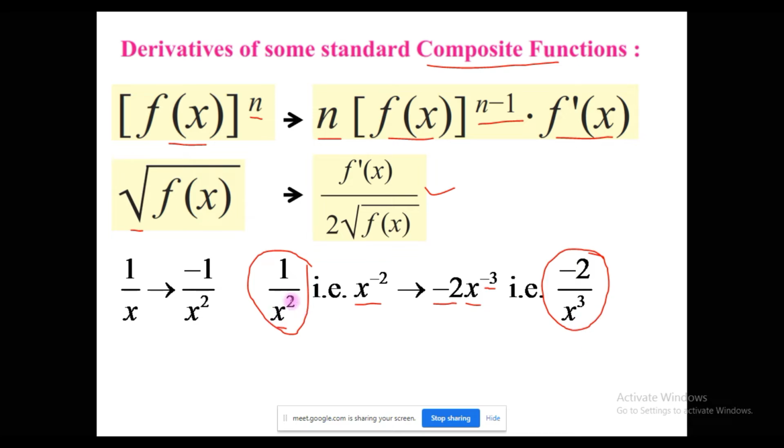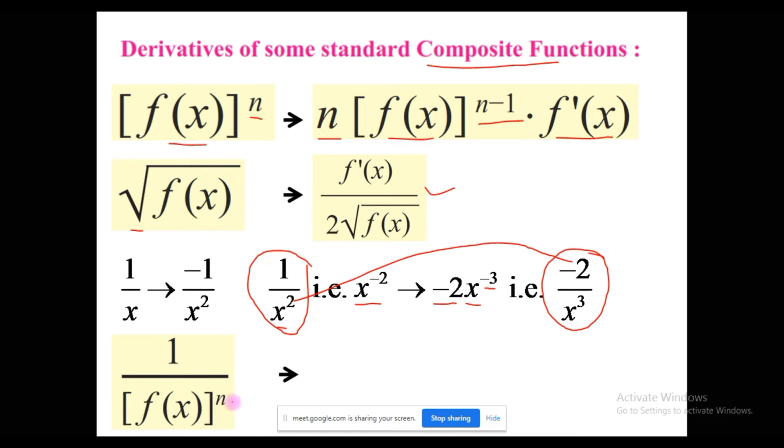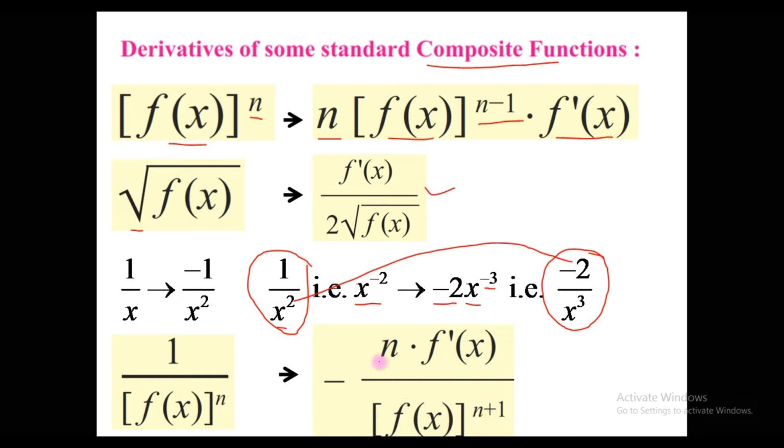What happens is this 2 will take its place in negative form, and in the denominator the index will be raised by 1. So similarly, if it is 1 upon f of x whole bracket raised to n, what will be the derivative of it? It will be minus n upon f of x to the power n plus 1.